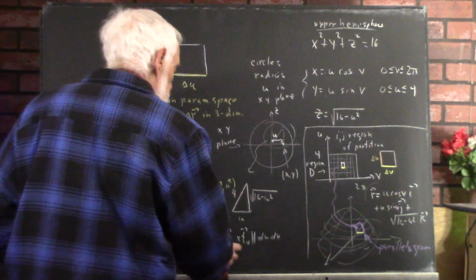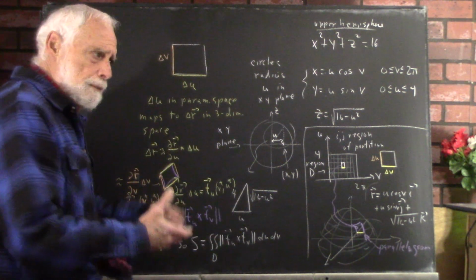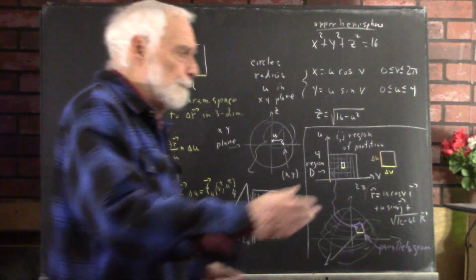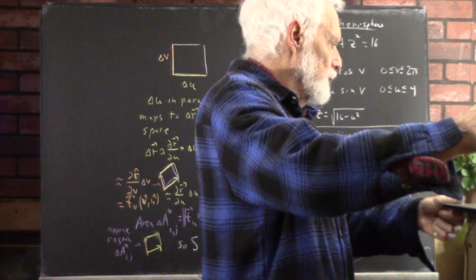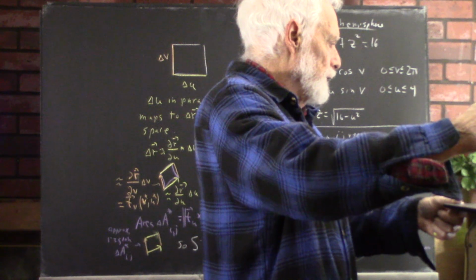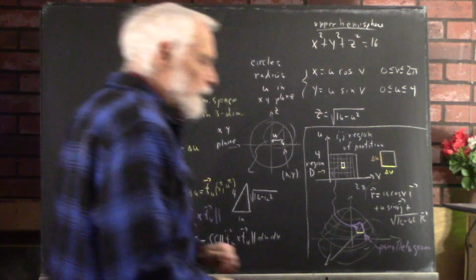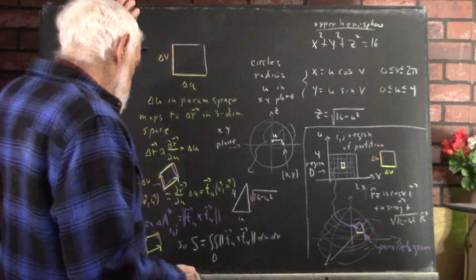So calculating this cross product is just going to be a simple exercise. Now, somebody should have screamed because a lot of this is off the screen, but you can refer to the video.